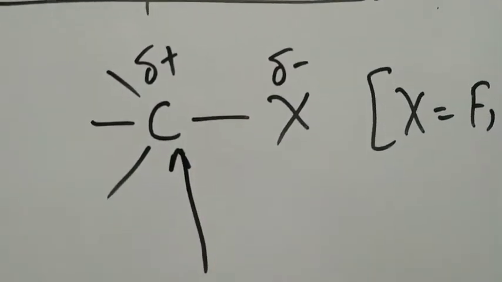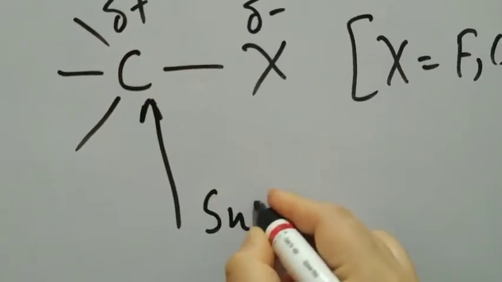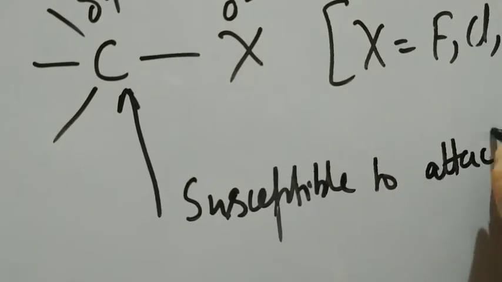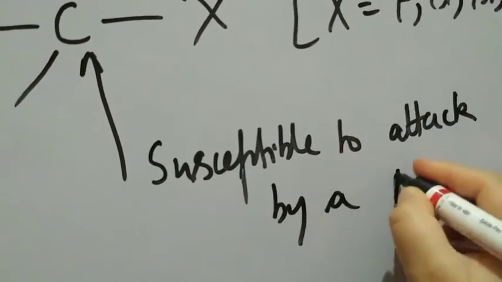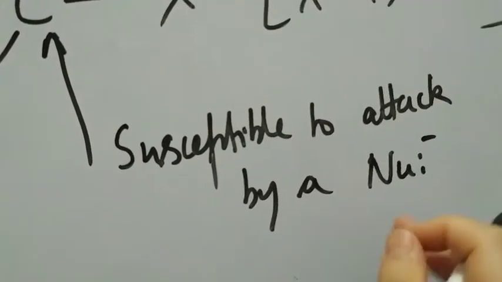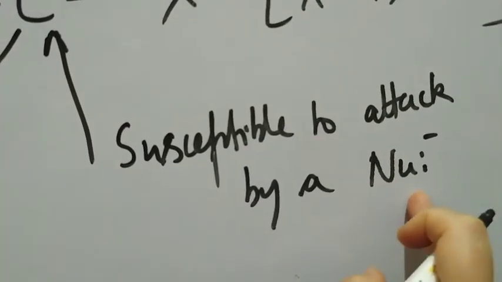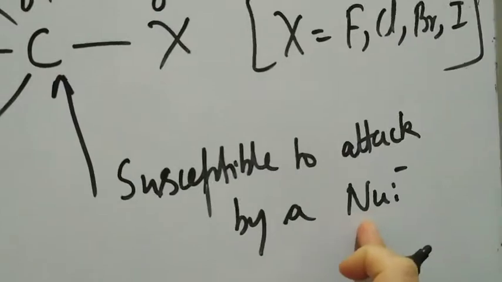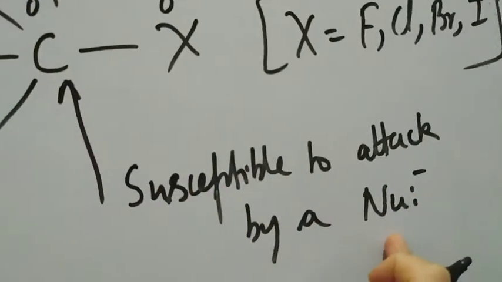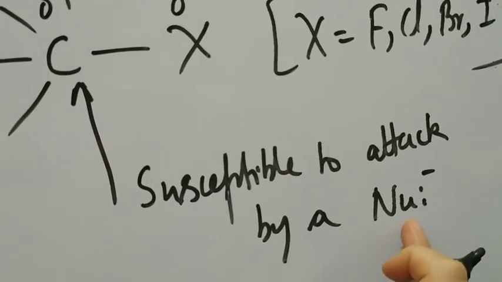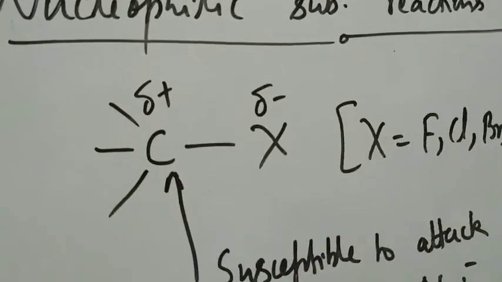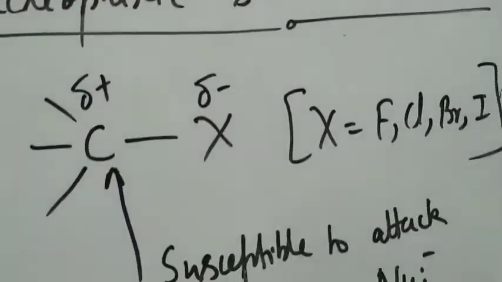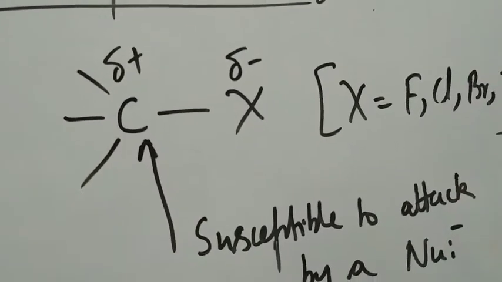That is why this part of the molecule is always susceptible to attack by a nucleophile. This is how we represent a nucleophile, which is electron rich. Since it is electron rich, it will always attack at the site which is electron deficient. Thus the name nucleophile. The word nucleo is representative of positive charge: lover of the positive site. It attacks here, and the reason haloalkanes undergo these reactions is that they have this electron deficient site.